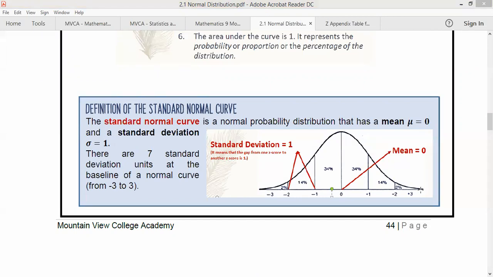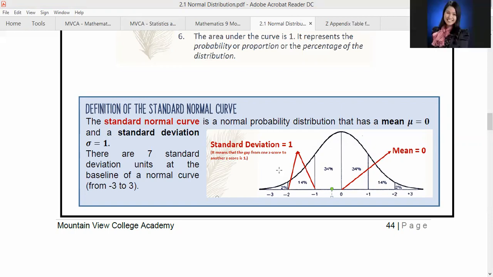The gap is 1. Or -1, -2, -3. The gap is 1. There are 7 standard deviation units in the baseline of the normal curve. And the normal curve starts from -3 up to +3.